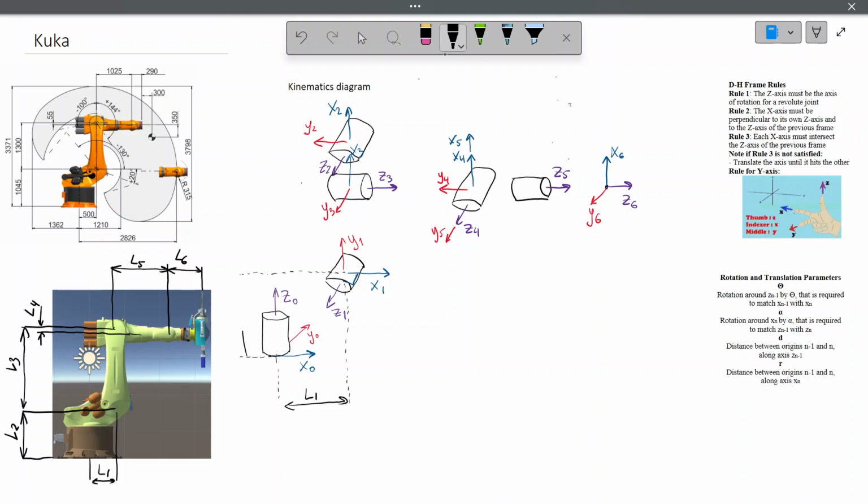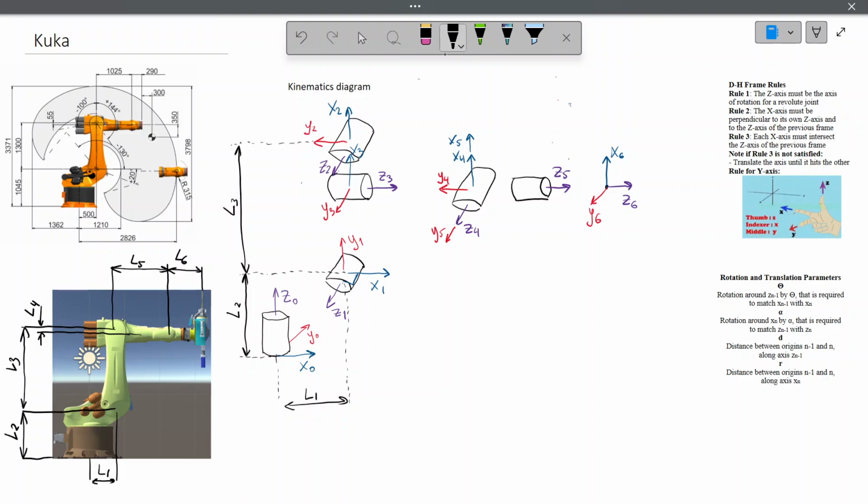So here we have L2. Next we have L3, the distance between these two origins, between this one and this one. So the origin is here. Here is L3. Next, L4 is the distance between this one and this one.